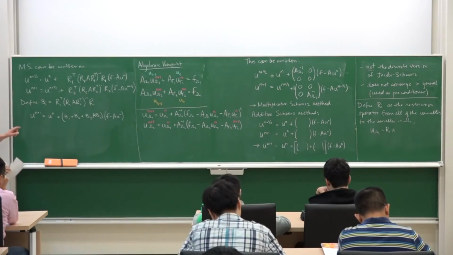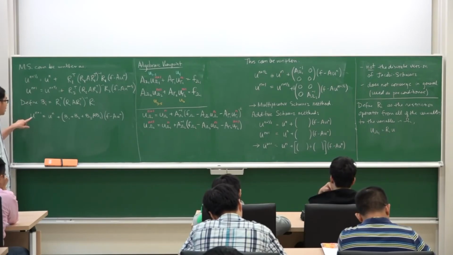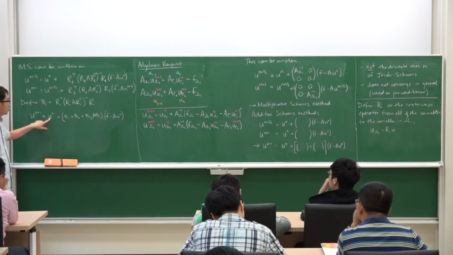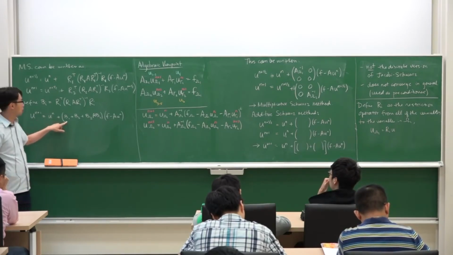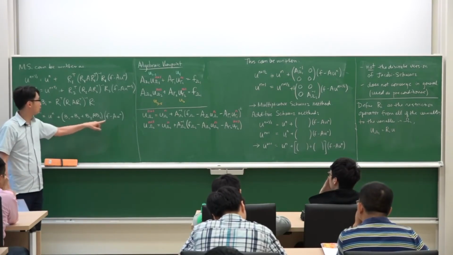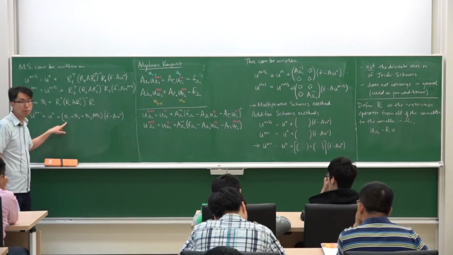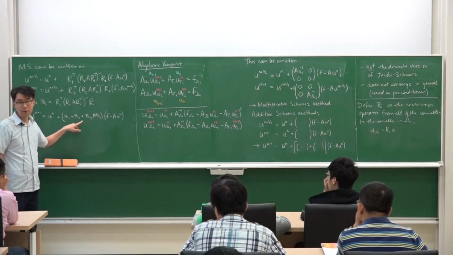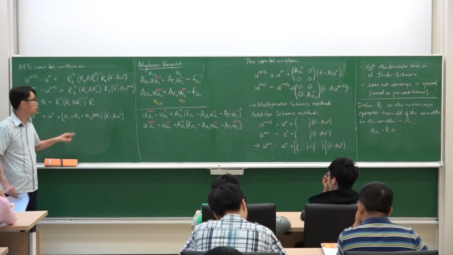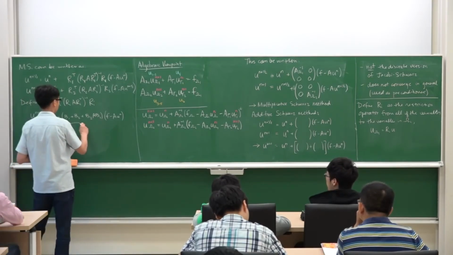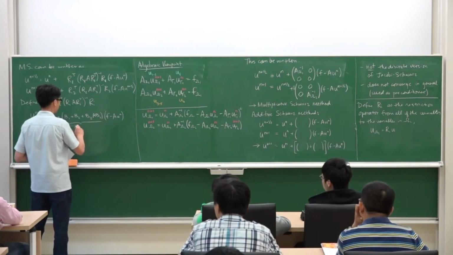So now we've combined these two into a single equation, and it looks like correcting the previous approximation with something times the residual. So this is the preconditioner. We have to solve with this matrix, which we can think of as a preconditioner.